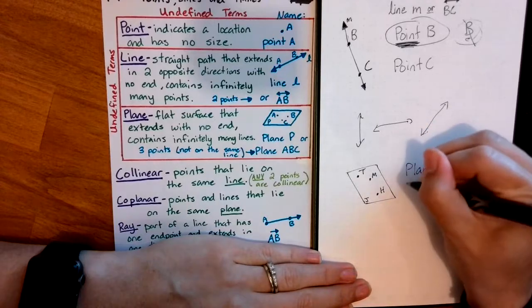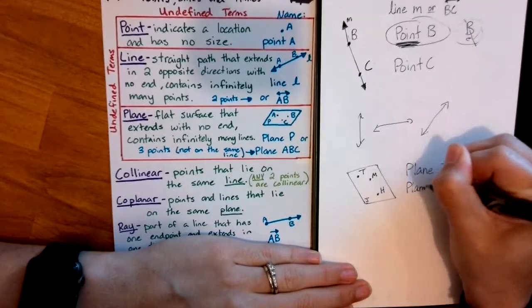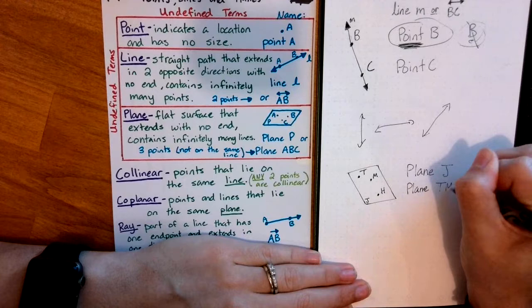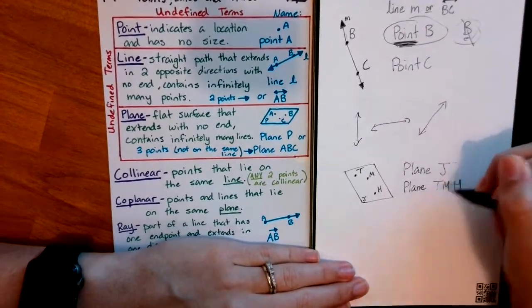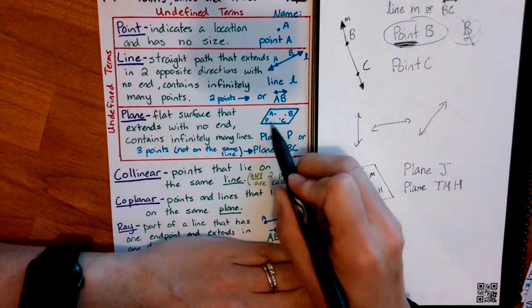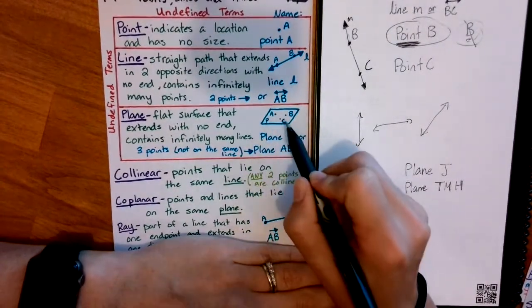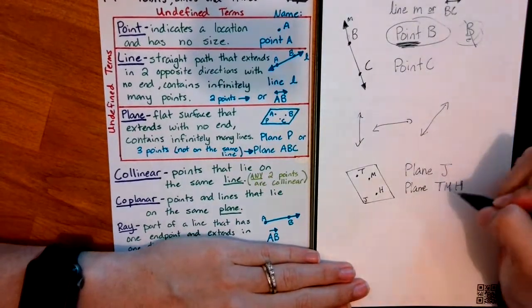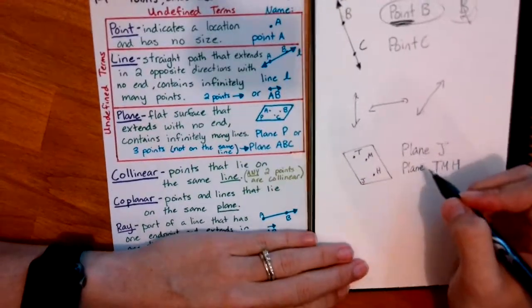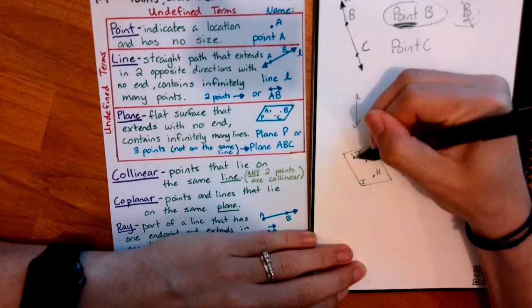But I can name it plane T, M, H. So that is an acceptable way to name this plane. Just like here, they named it plane A, B, C. Those are 3 different points that aren't on the same line. So it is acceptable to name it that way. And we could even connect these two.